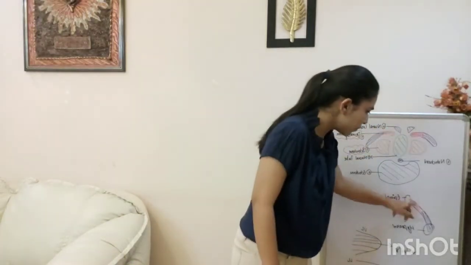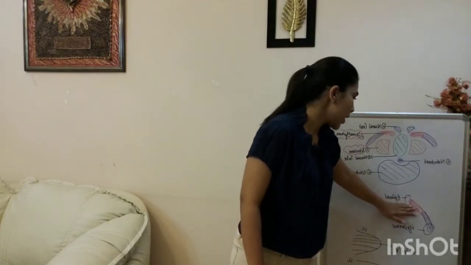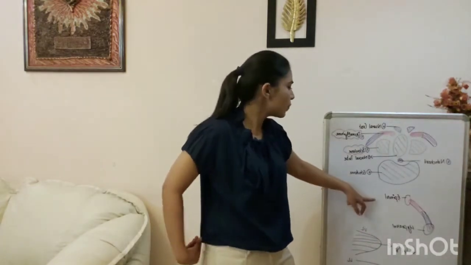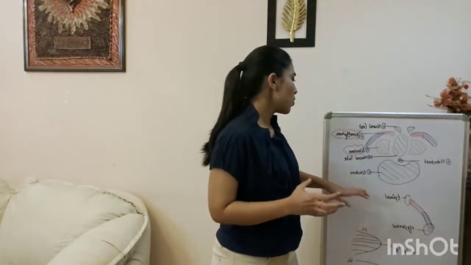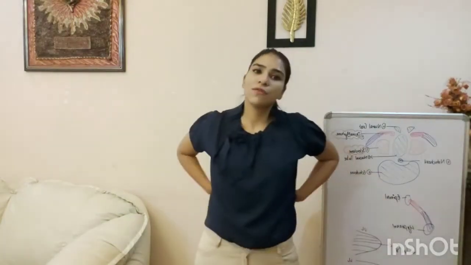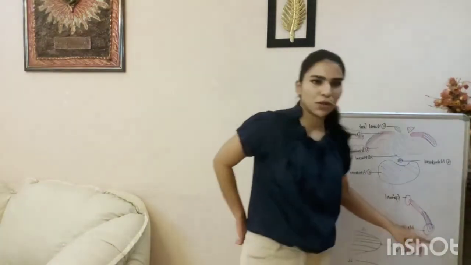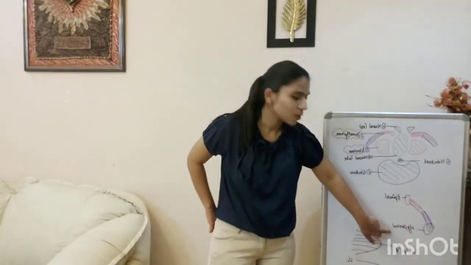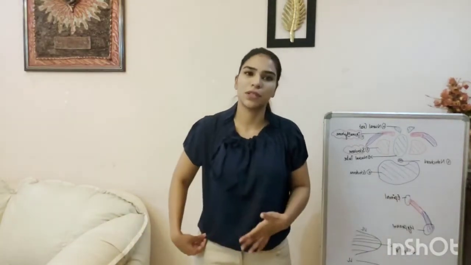From the dorsal part, there is development of the epiaxial portion, which is going to supply the extensors of the vertebra. And the hypoaxial portion is going to supply the ventral part, the flexors of the vertebra.